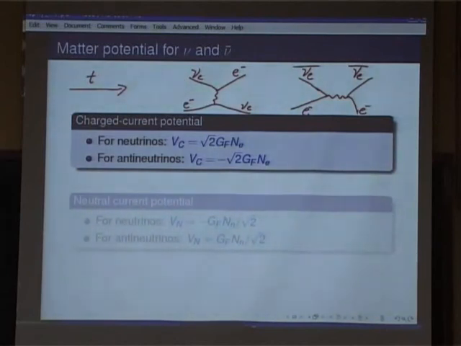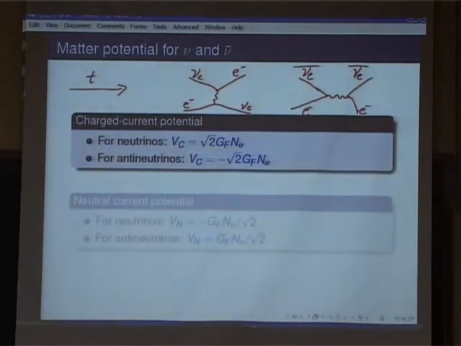So the two reactions are different. The amplitudes differ by a factor of -1. So you have to calculate this; only the vertices won't give the answer. Therefore, the value of the matter potential for charged current will be different for neutrinos and for antineutrinos.